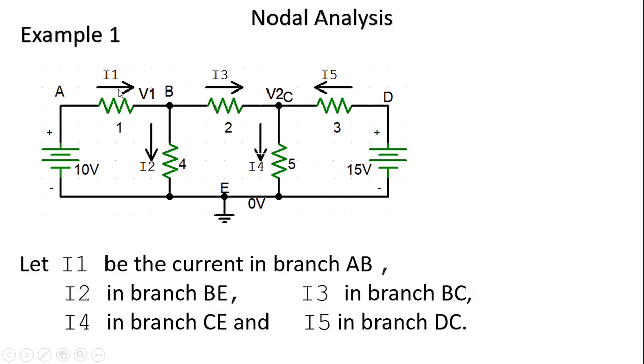It's your wish to choose the current directions, but among the current components, consider at least one as the incoming current and at least one as the outgoing current. The remaining current directions are your wish.